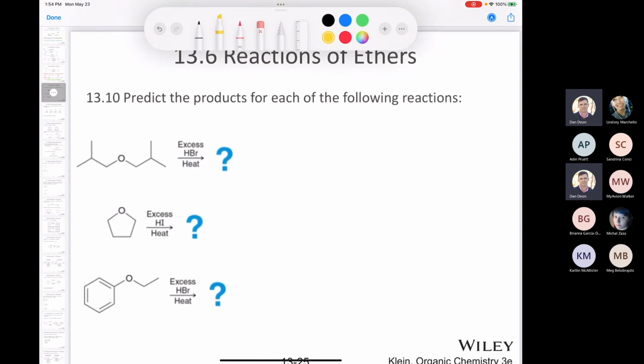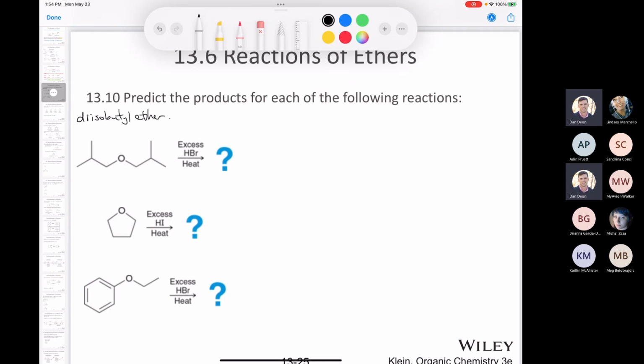This is where I find students do their best learning, is just practice. It says predict the products for each of the following reactions, and maybe we'll even give a mechanism a try here. So the first one is diisobutyl ether. So this is diisobutyl ether, just a little nomenclature practice.